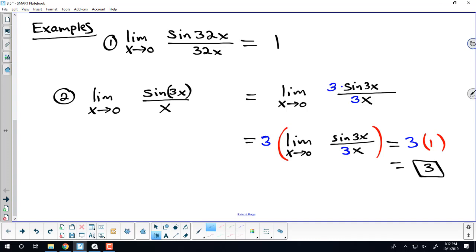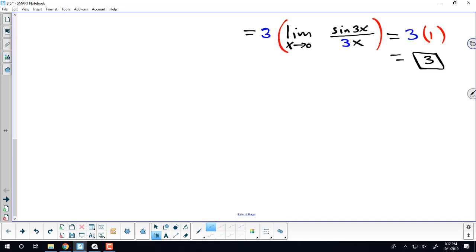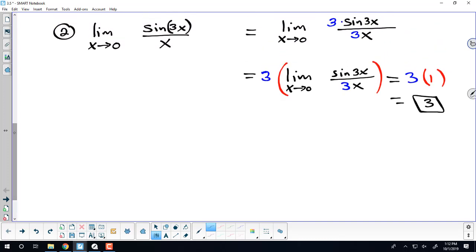So then you could take this and say, well, what if I had sine 5x over x, or sine of 36x over x? We could make that a little bit more generic through that example, but that's the process that we want to look at here for this particular one. Any questions on that? Maybe not obvious how we should start out, but hopefully after we've done that, it's pretty obvious.